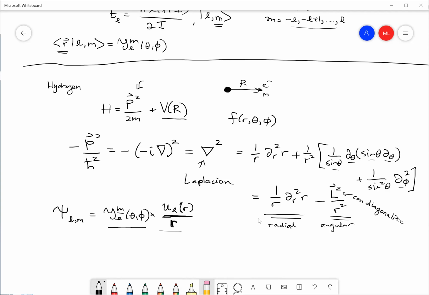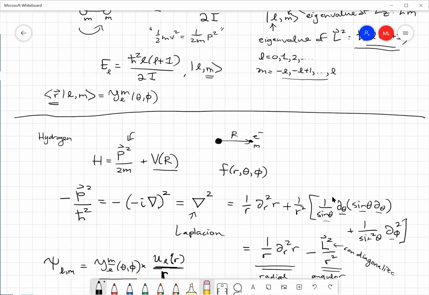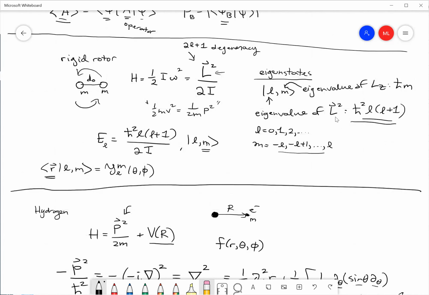Why can it depend on L? Because L is the eigenvalue associated with L squared. L squared is spherically symmetric. It's a scalar. It's the magnitude of a vector, and the magnitude of a vector doesn't care about which way the vector is pointing.